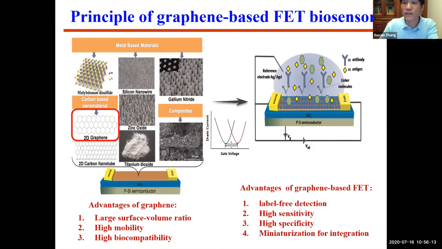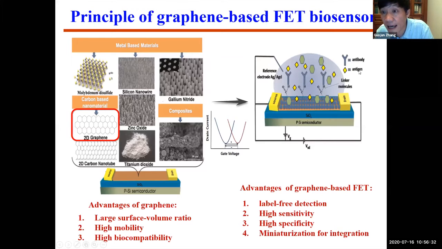This FET typically has three electrodes: the source, the drain, and the gate. In between the source and drain, graphene can be connected.